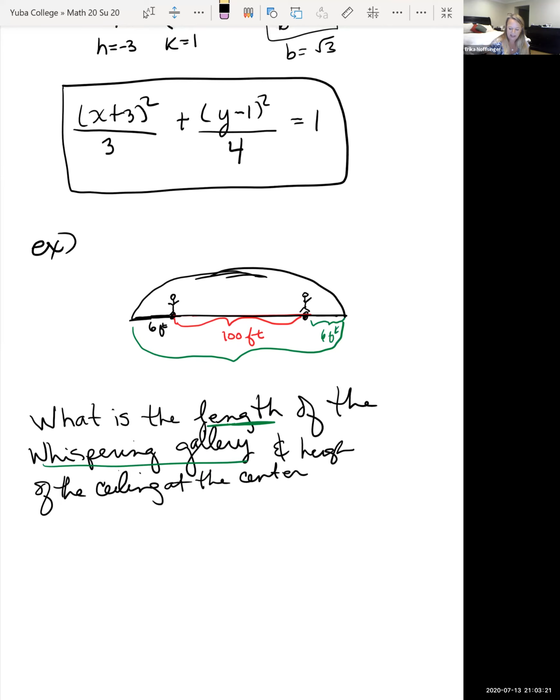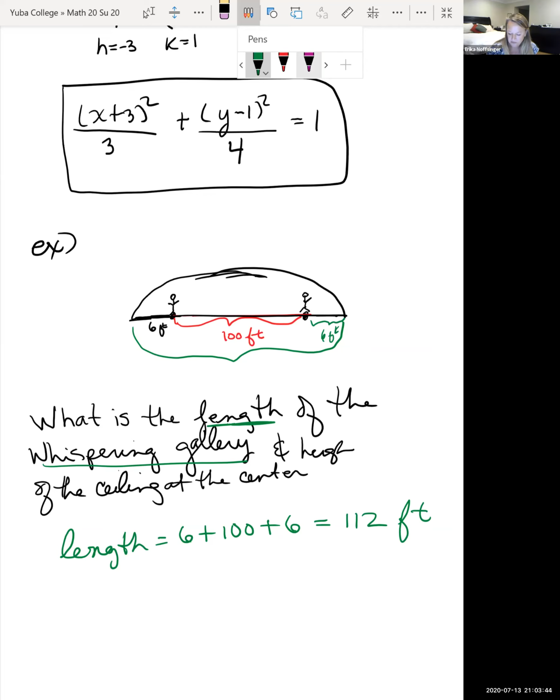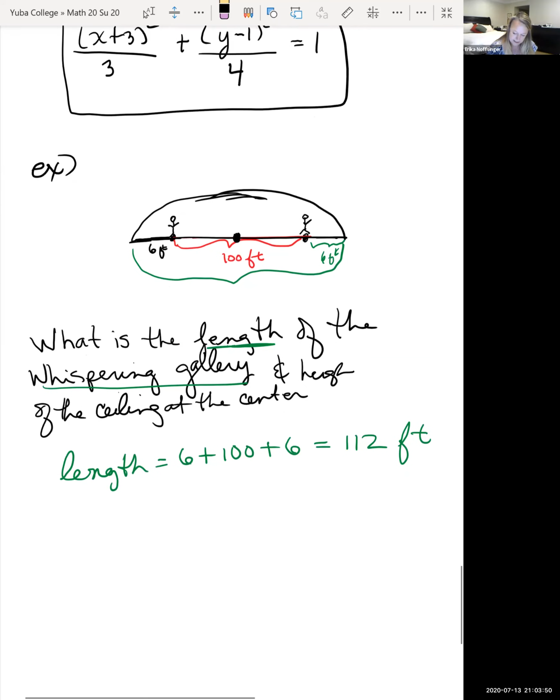So if we added 6 feet plus 100 feet plus 6 feet, which is 112 feet. Now we need to figure this out.